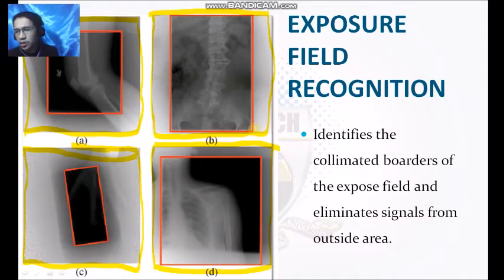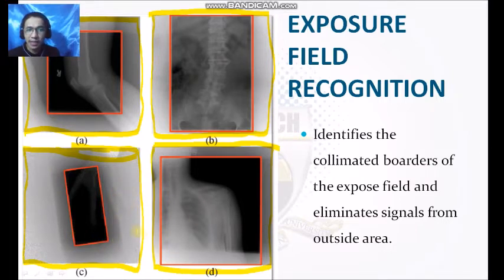Now the part that has the highest signal. So the computer system, the algorithms in our computer systems, when it comes to CR and DR, should be able to recognize the borders. They should be able to recognize all the borders that are present.